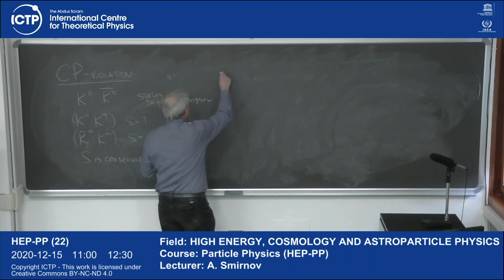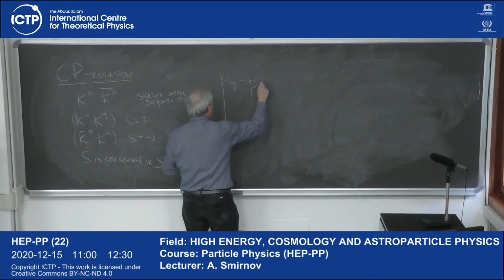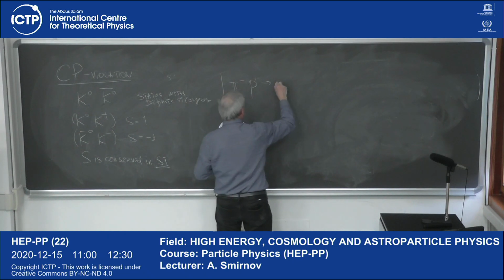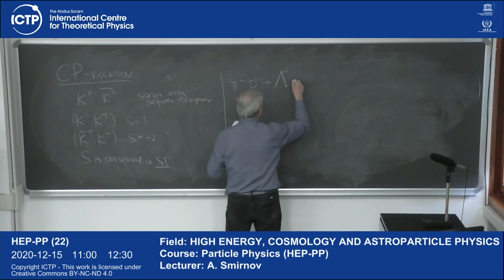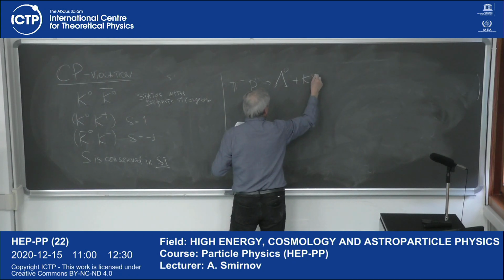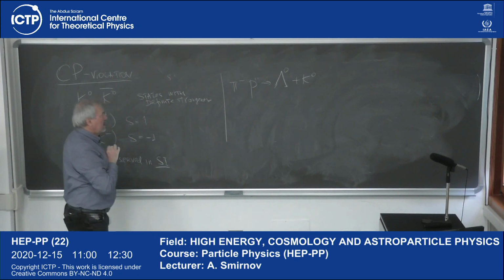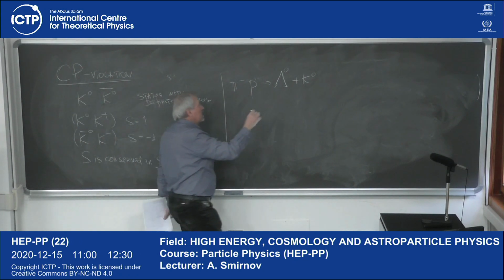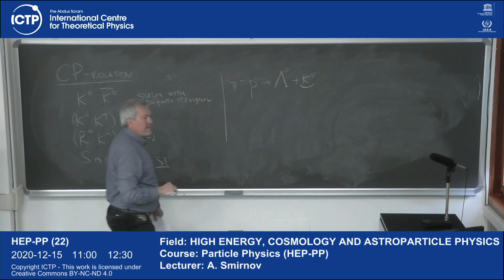For instance, if you have a collision of pi minus with proton, this is one of the channels, lambda 0 plus K0, so that strangeness is conserved, but the states which you are producing are these K0. So this is K0 what appears here.